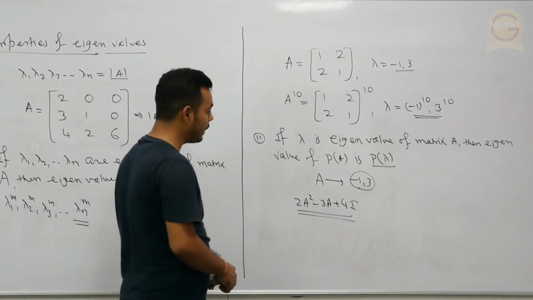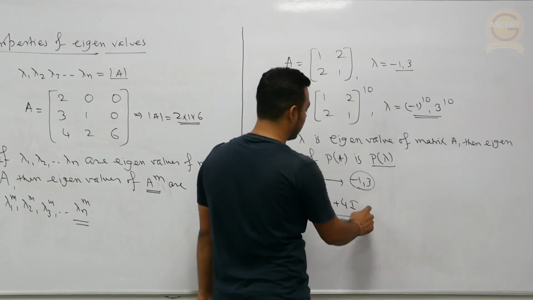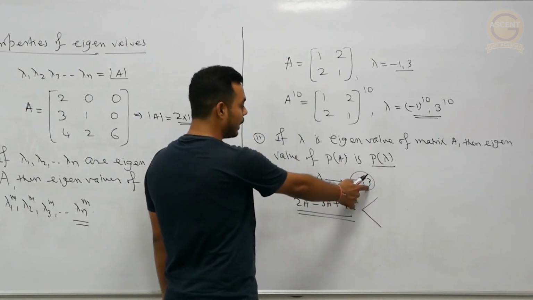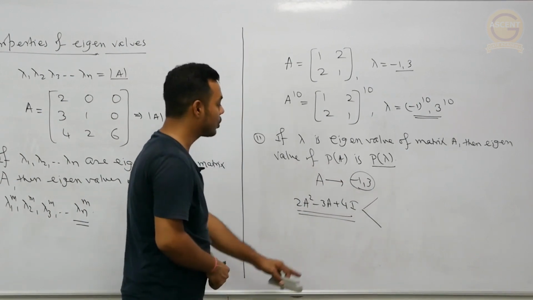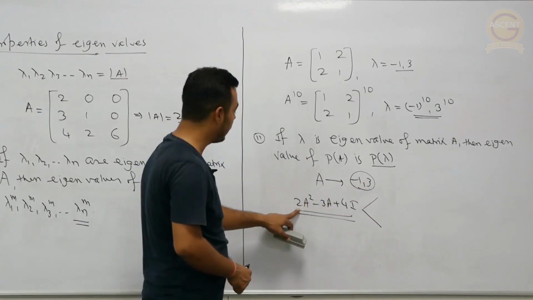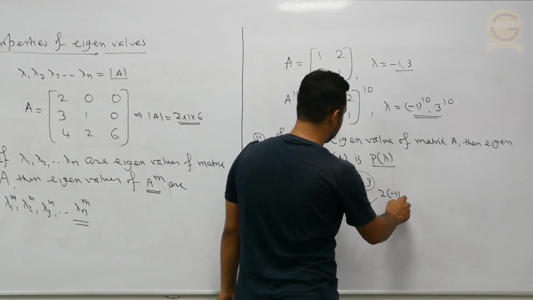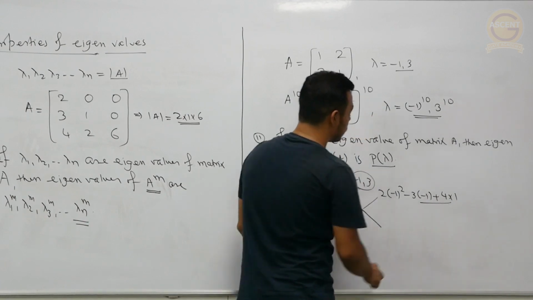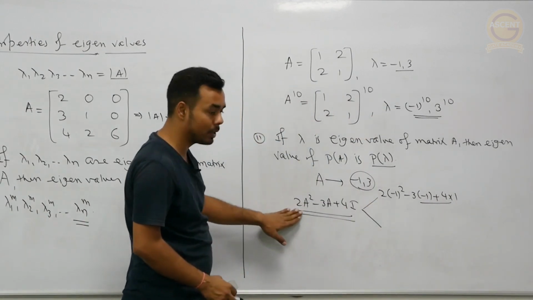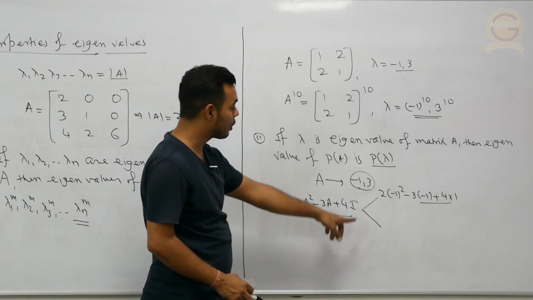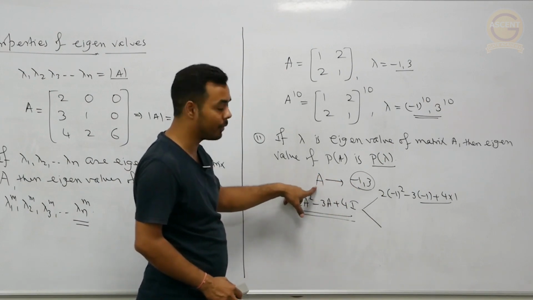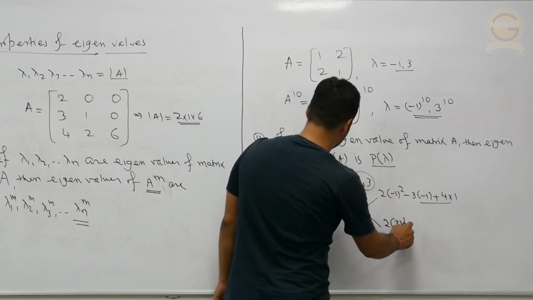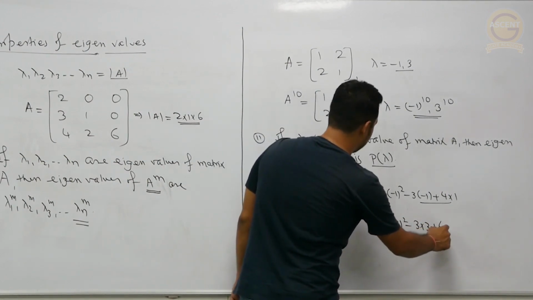If you know the eigenvalues of matrix A, then you can directly find the eigenvalues of this matrix. Simply substitute these numbers minus 1 and 3 in place of A. Corresponding to minus 1, the eigenvalue here will be 2 into minus 1 squared minus 3 into minus 1 plus 4 into identity, which is 1. This is the eigenvalue of matrix 2A square minus 3A plus 4I corresponding to the eigenvalue minus 1 of matrix A. Similarly for 3 you will get 2 into 3 squared minus 3 into 3 plus 4 into 1.